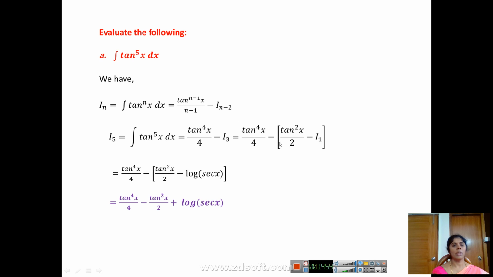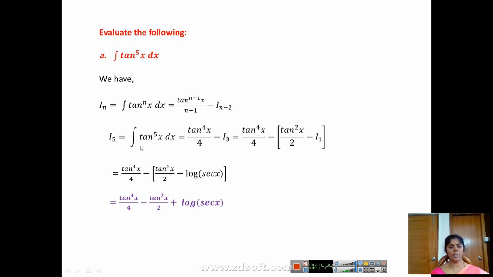Evaluate the following: integral of tan to the power 5 of x dx. We have I_n equals the integral of tan to the power n of x dx, which is equal to tan to the power n minus 1 of x, whole divided by n minus 1, minus I_(n minus 2). In place of n, I can replace 5.